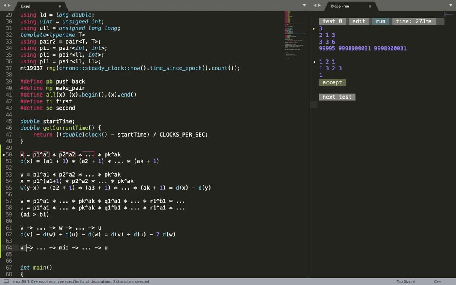We know that the length of this part is correctly calculated using this formula, and the length of this part is also correctly calculated using this formula. And we want to show that the sum of these lengths is at least this formula for v and u.